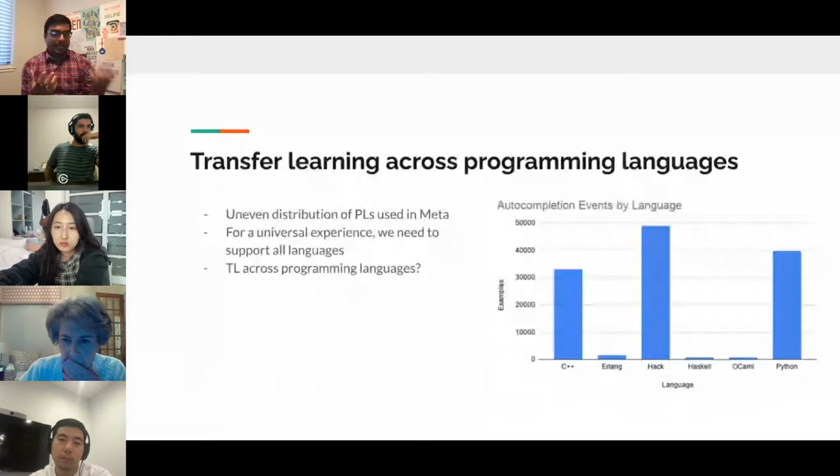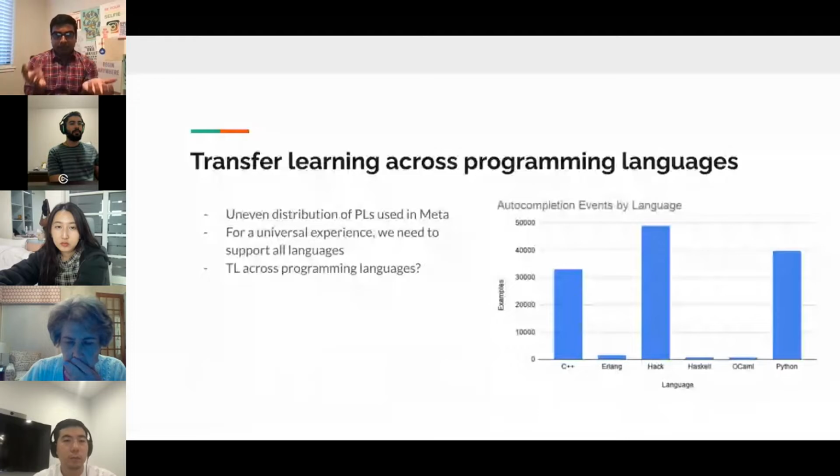For this, we picked Hack, which is a flavor of PHP that's used at Meta, and Python as the two different programming languages here. So we are comparing a model that's pre-trained on Hack IDE and code sequences, and potentially fine-tuned on Python if we have those examples. Otherwise, we directly use the Hack model to power auto-completion suggestions in Python.